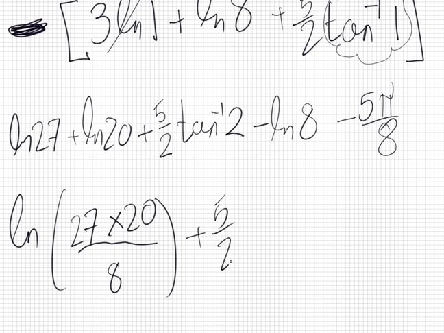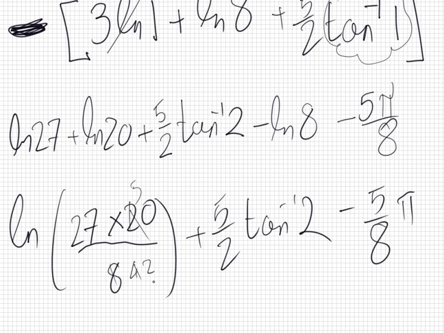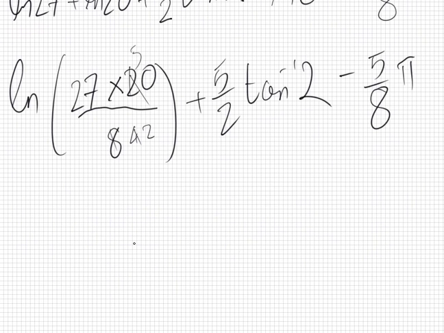Plus 5 over 2 tan inverse 2 minus 5 over 8 pi. So let's see, that's a 10 and that's a 4, that's a 5 and that's a 2. So that'll be 270 divided by, okay, so it's not a whole number, it's going to be a fraction. So what do you get here? What is it? As a fraction?